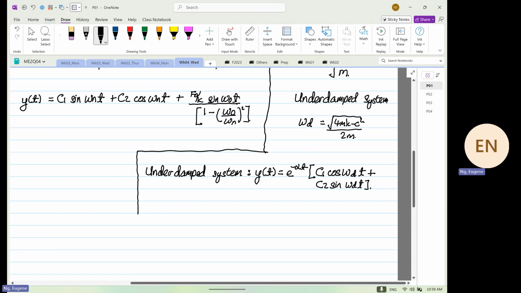There's a difference. For the undamped system, what disappears is the alpha term. So we have C1 sin, or you can start with cos, it does not matter. Now this is equal to what?